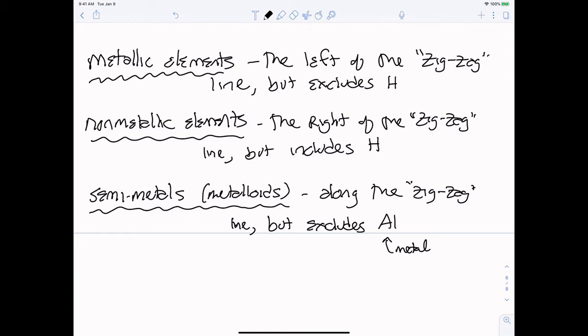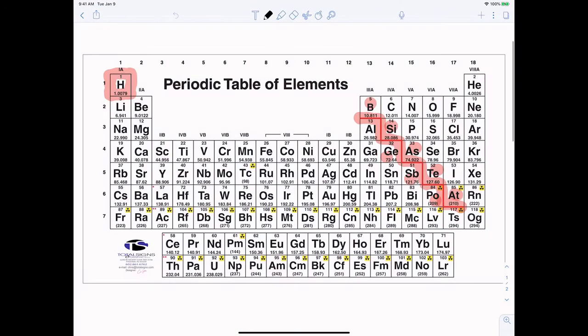So if we go back to our table, and I say, give me an example of a metal, you have a lot to choose from. If I say, give me an example of a non-metal, you know which ones are our options, right? Those are going to be all of these guys and hydrogen, right?